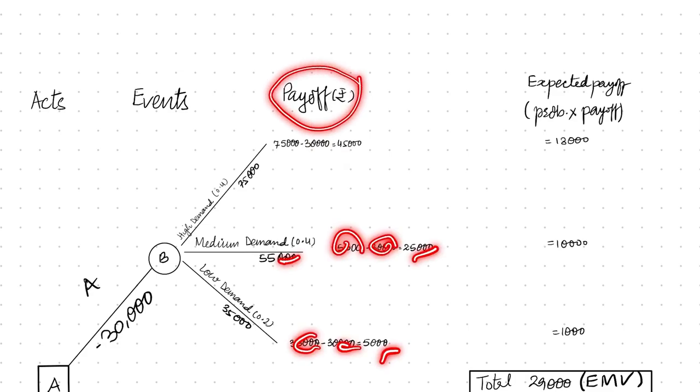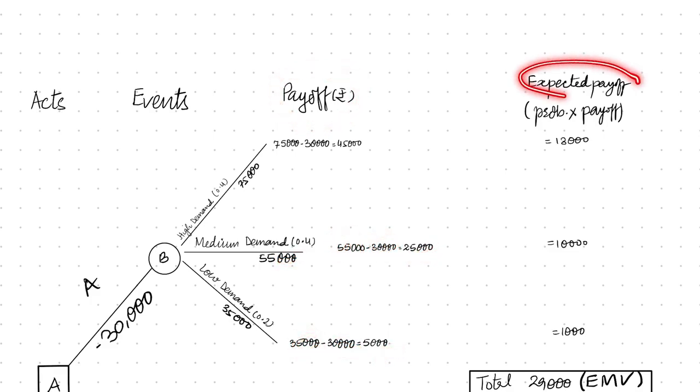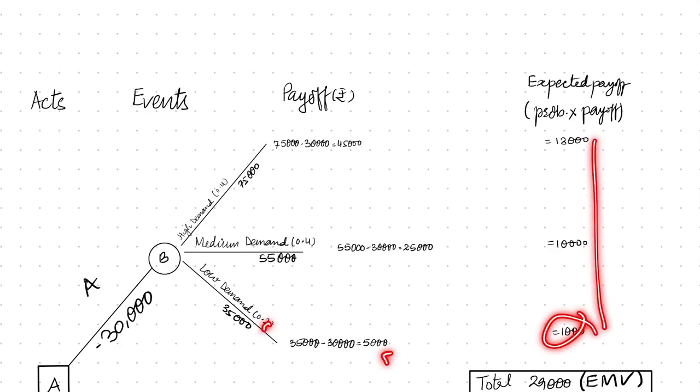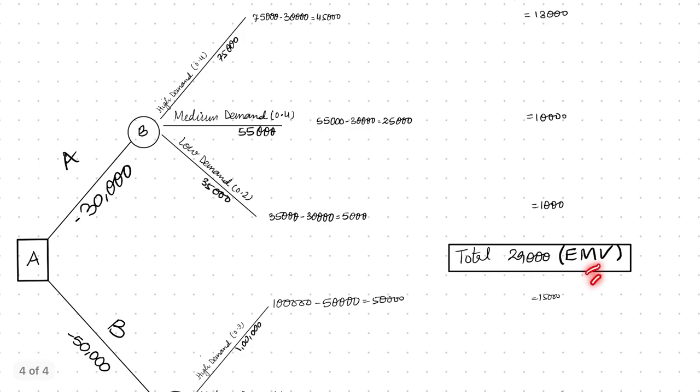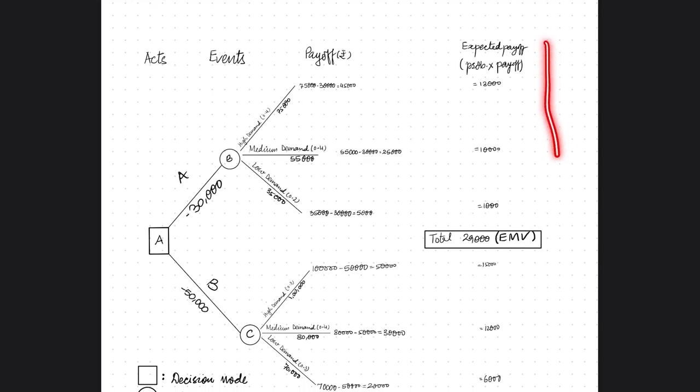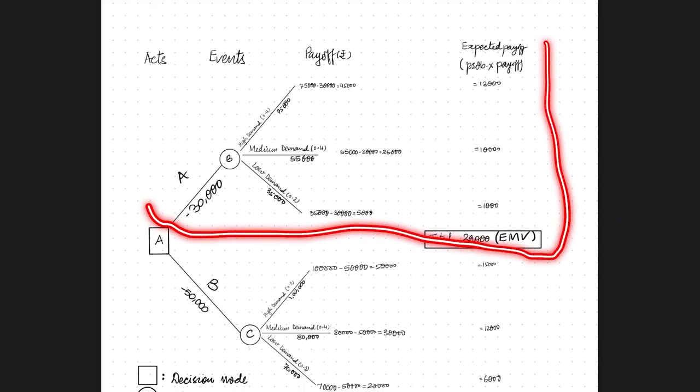So this is the conditional payoff actually. Now we have to find the expected payoff. How do we find it? We multiply this probability with this payoff, so it gives us the expected payoff. Similarly, multiply with this, you get 1,000. Add them, so it gives us the expected monetary value. In this way we draw it for investment A.